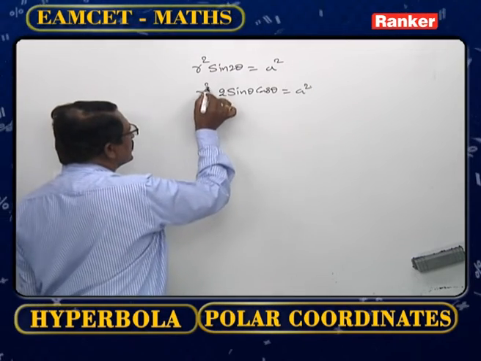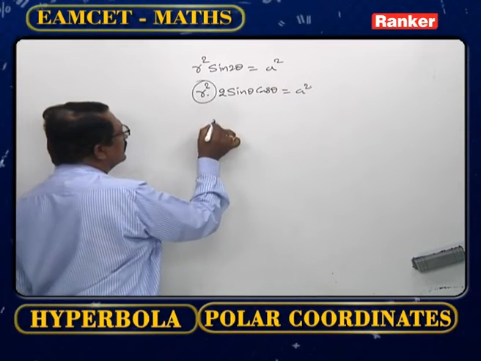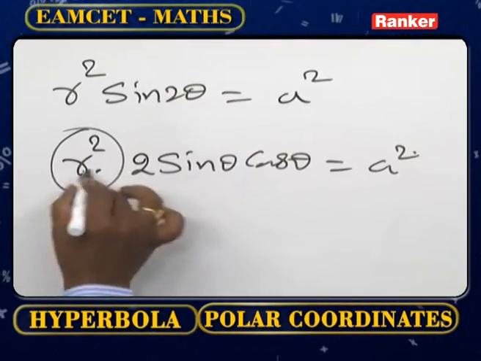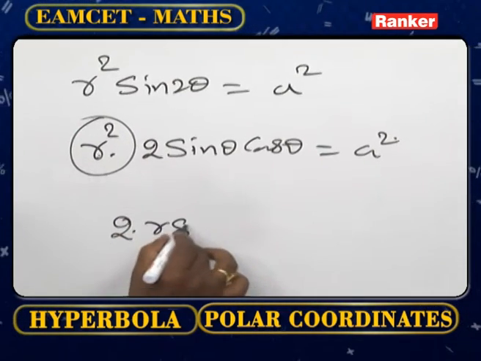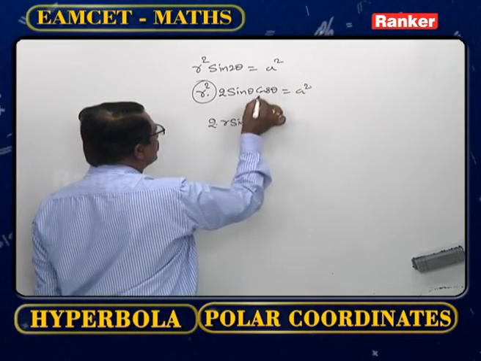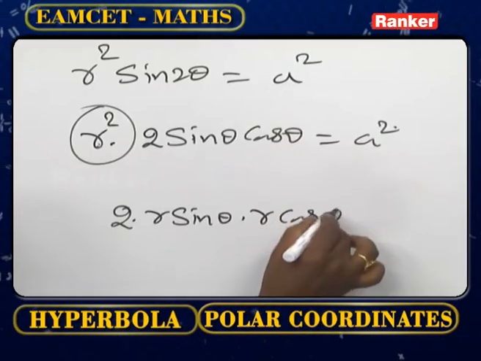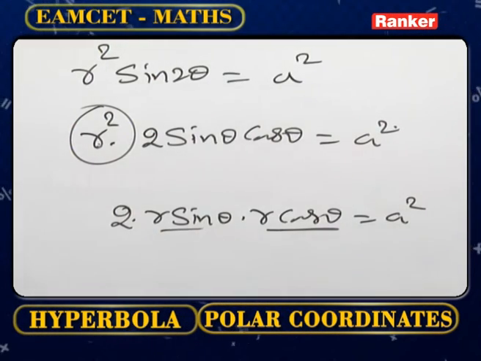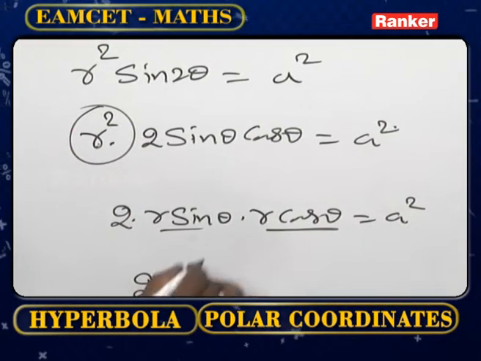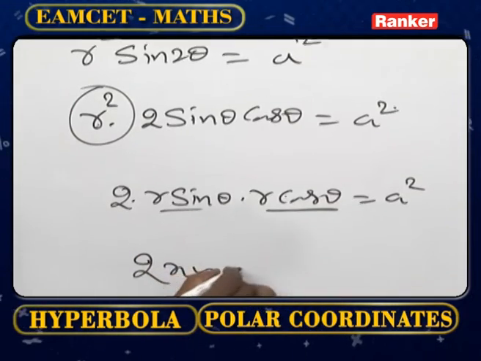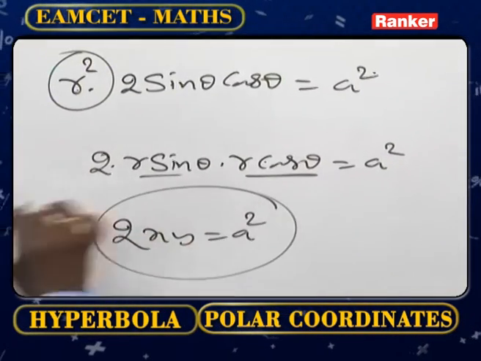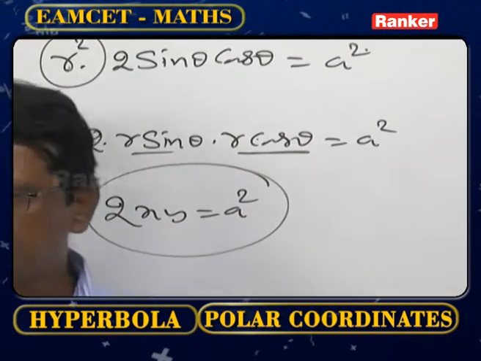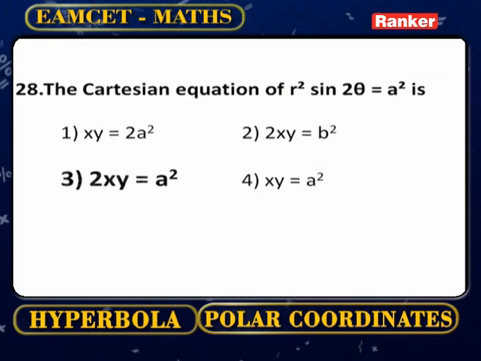Here r square can be written as r into r, so 2 into r sin theta, second r into cos theta, equals a square. Now, r cos theta equals x, r sin theta equals y. Now, we get 2xy equals a square. The required Cartesian equation of the curve is 2xy equals a square, third option.